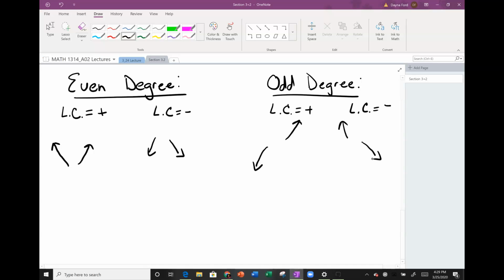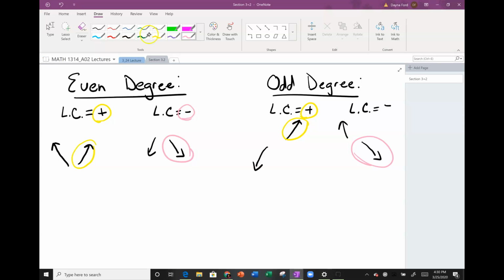A couple of things to note with this. You'll notice that with a positive leading coefficient, the right-hand side is going up. With a negative leading coefficient, the right-hand side is going down. Think about on your graph as you're going from left to right. Positive, we're going up. Negative, we're going down.